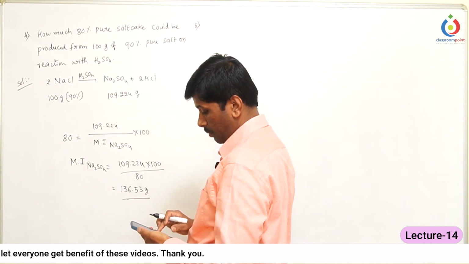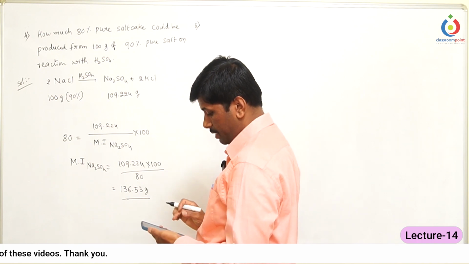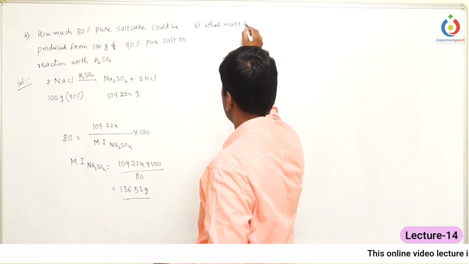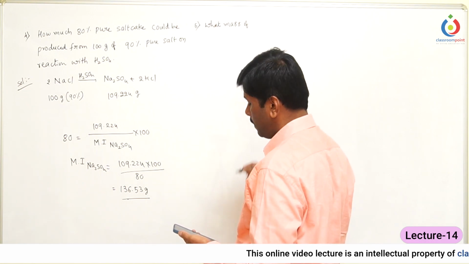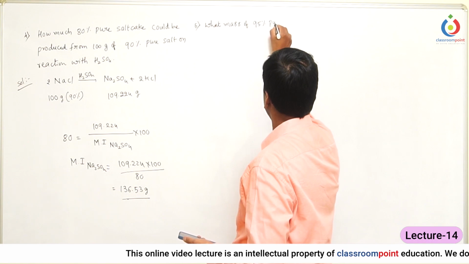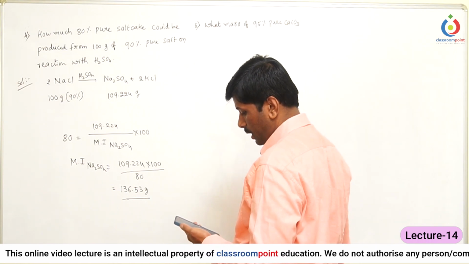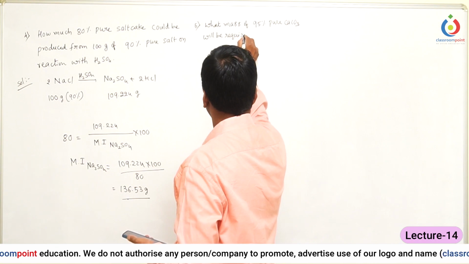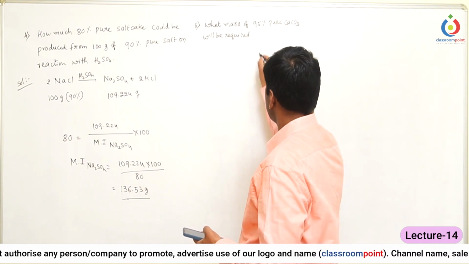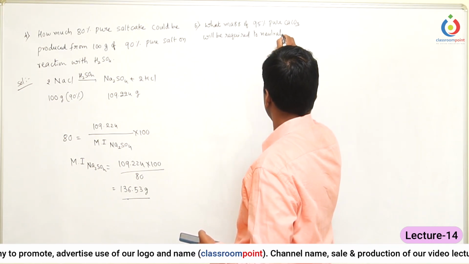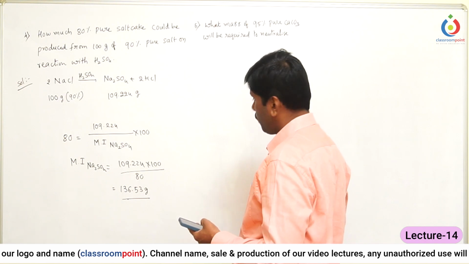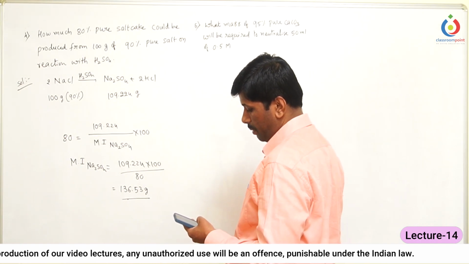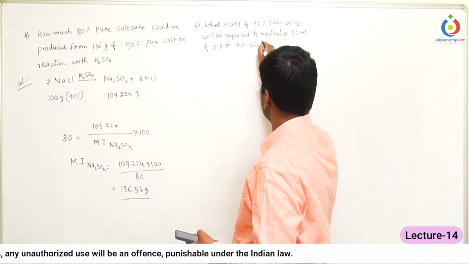Question number 5. This was asked in the previous NEET examination. What mass of 95% pure CaCO3 will be required to neutralize 50 ml of 0.5 M HCl solution?